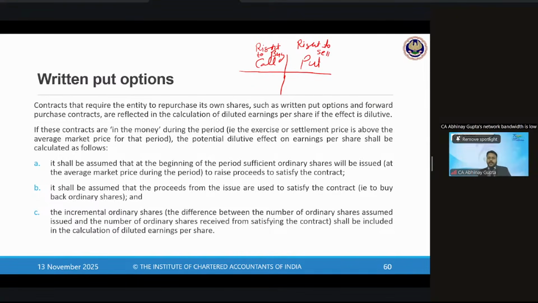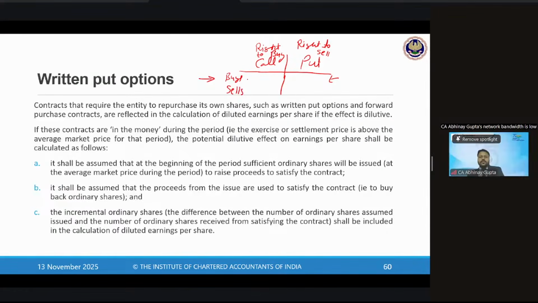Clear? Now, if there is a holder of the call option, he can sell that call option. And if there is a holder of a put option, he can sell the put option. So somebody buys the call and somebody sells the call, right?